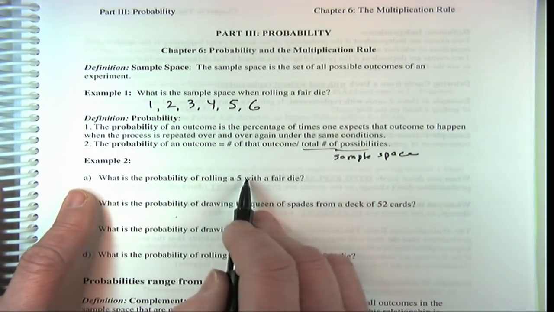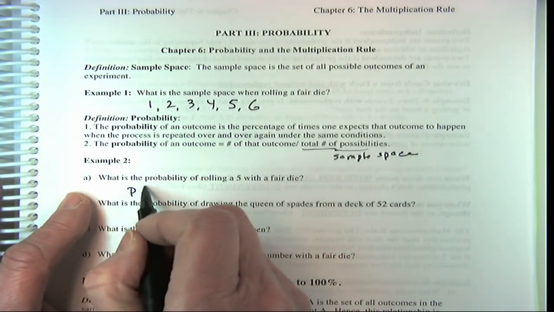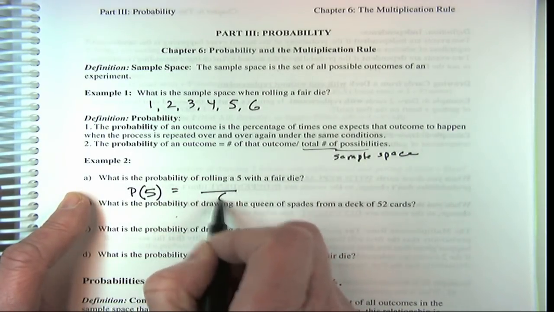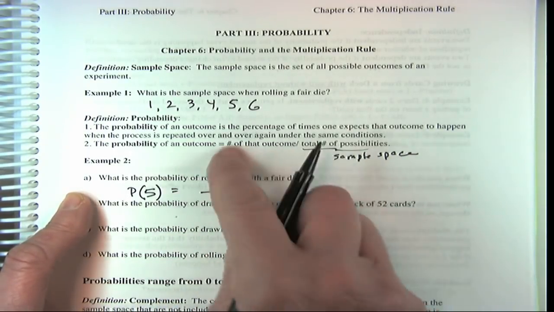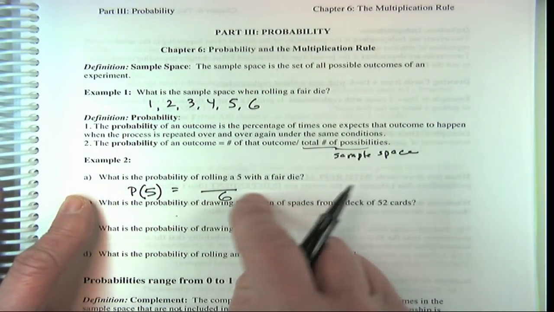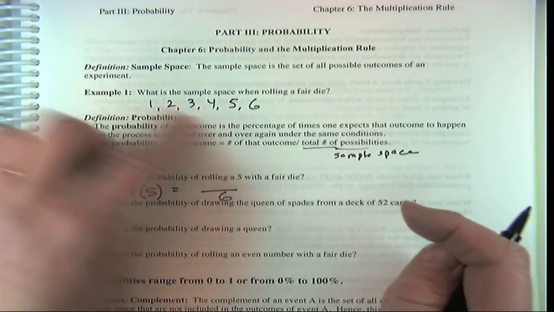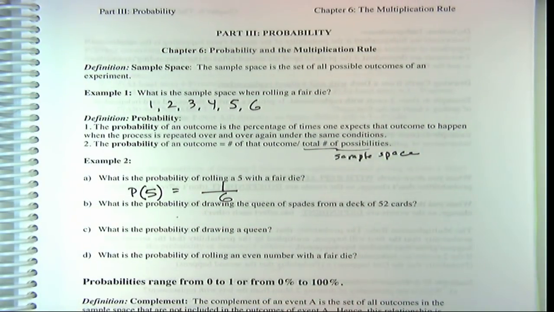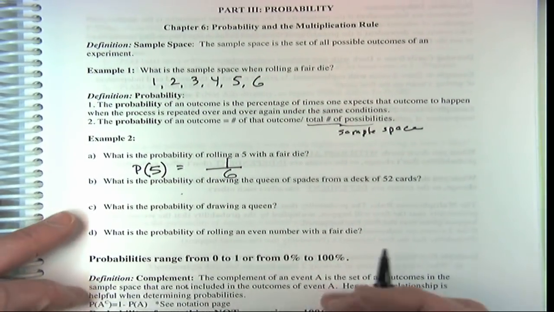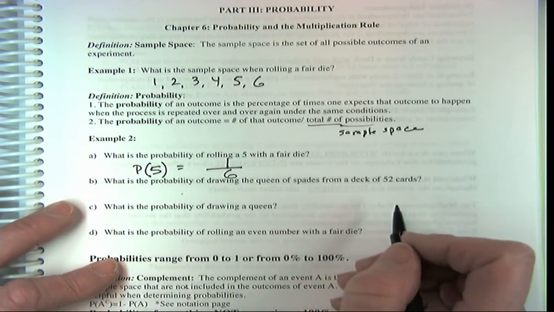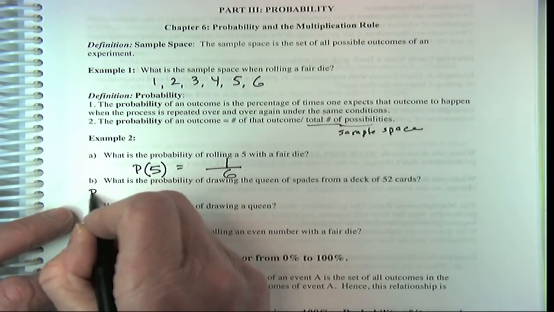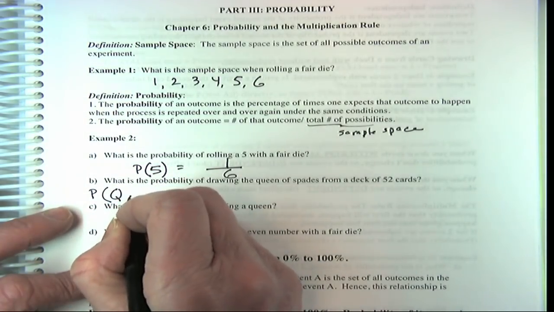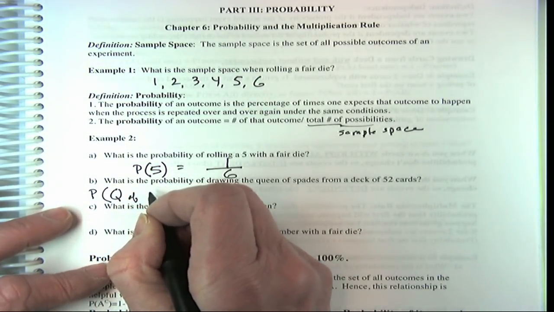So for example, what's the probability of rolling a 5 on a fair die? Well, we just said the total number of possibilities is 6. And what's the number that could be 5? Just one of these. So it's just 1/6. And that's pretty easy. We're going to look at some cards. So what's the probability of getting the Queen of Spades?